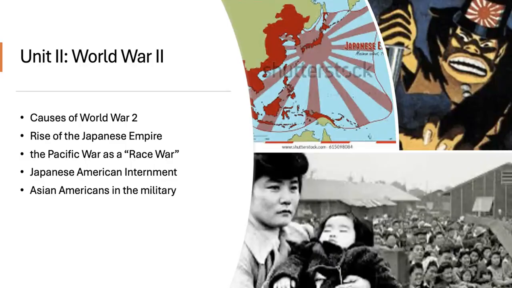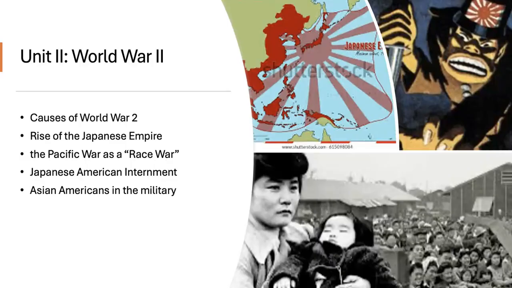Now, there's going to be another empire, however, that would seek to challenge this U.S. pursuit of control and domination in the Pacific region, and that would be the Japanese Empire, Imperial Japan, which would rise as an empire by the late 19th century into the 20th century.